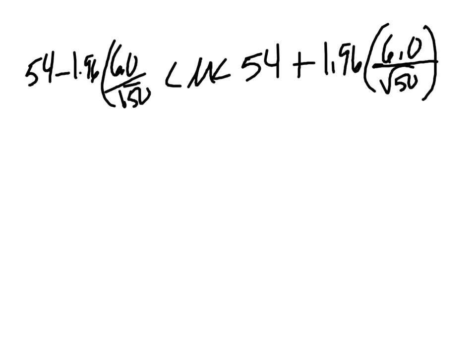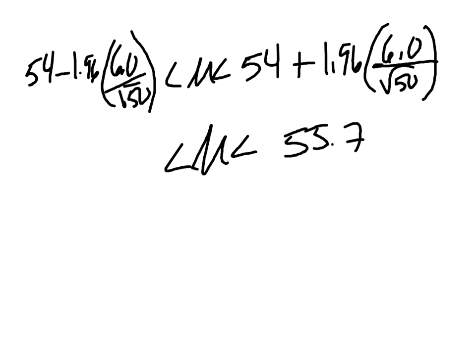Now, you have to come up with a way on your calculator, and everybody doesn't have the same calculator, that you can consistently come up with the same answer as the book. Please don't assume that just because you can set it up means that you can solve it. Because what we're going to get is just a little bit of a correction on each side of our sample mean. In fact, the answer is that the true mean lies between 52.3 days and 55.7 days.